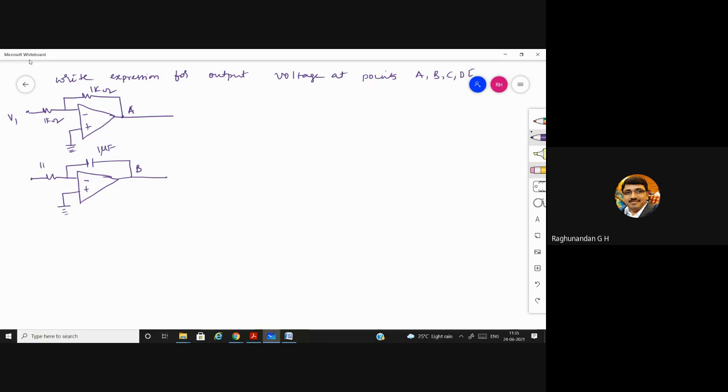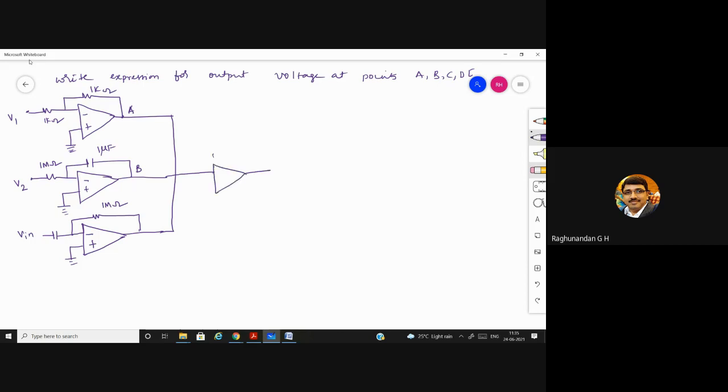Now we will move to the next point. This was B. Or you can also call it square. This is represented by the symbol mega ohm. Finally, it is going to be combined, and again it is given to one more op amp.